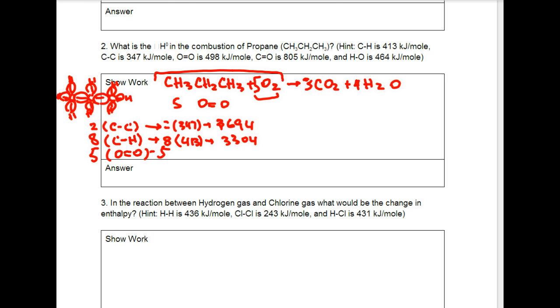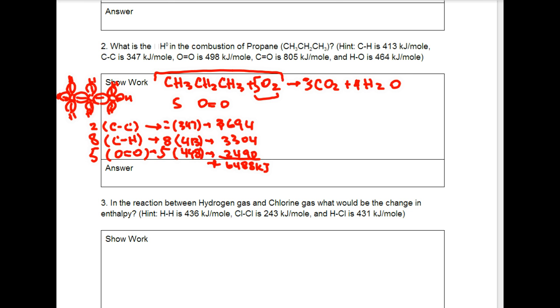And when it's 5 times 498, we get 2490. And because all of these are being broken, they're all positive. So in this case, it's 6488 kilojoules, and that's positive.